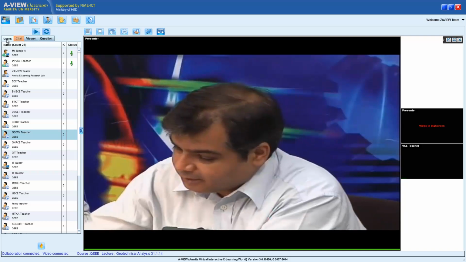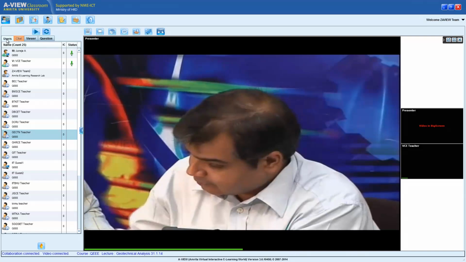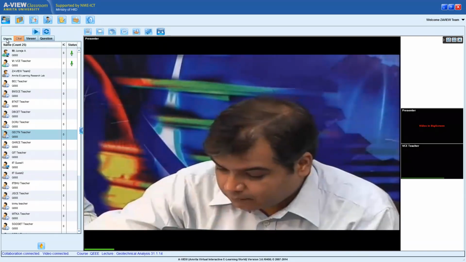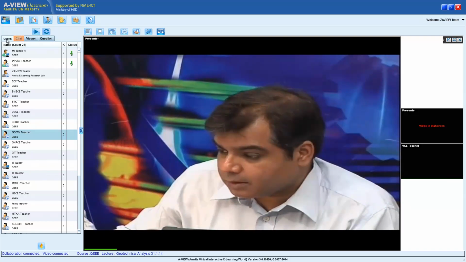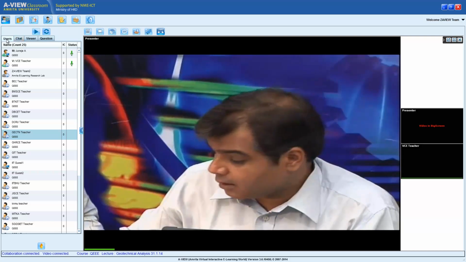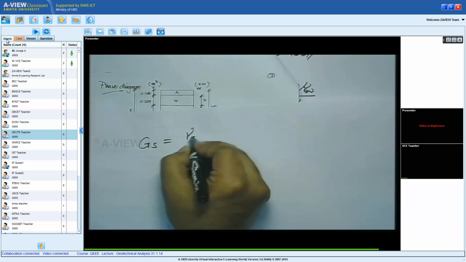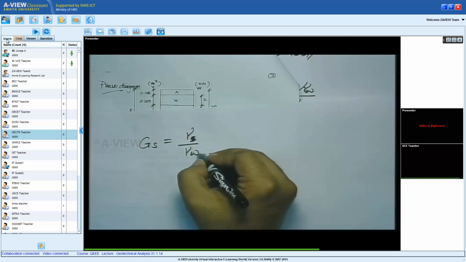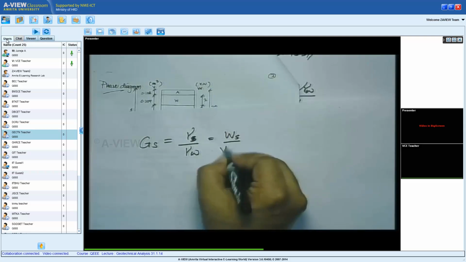I'll just redo it. Specific gravity is unit weight of solids over unit weight of water. Unit weight of solids is weight of solids over volume of solids.